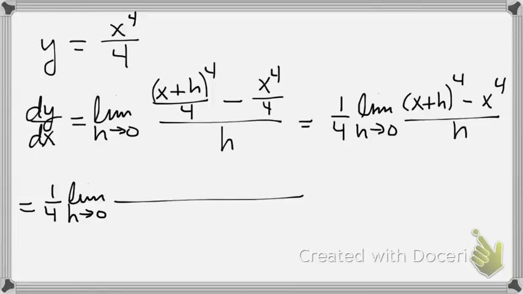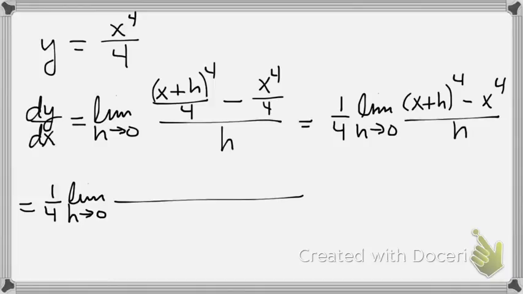What now? Binomial expansion for a fourth power, right? Now the good news is there's no numbers inside, so at least all we have to worry about number-wise are the coefficients.